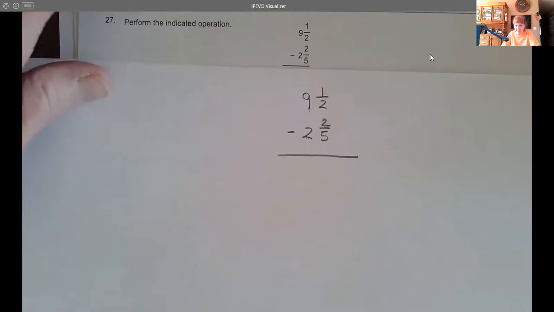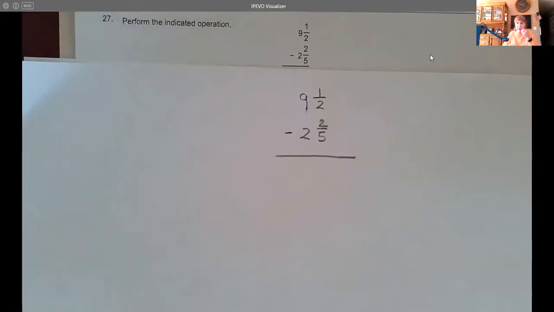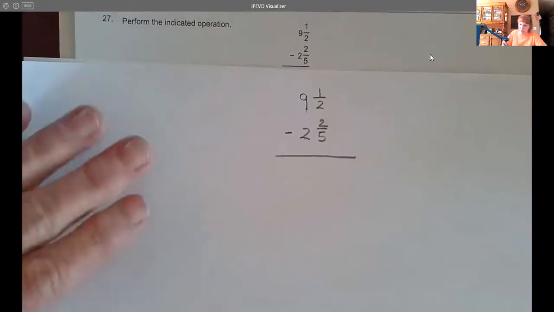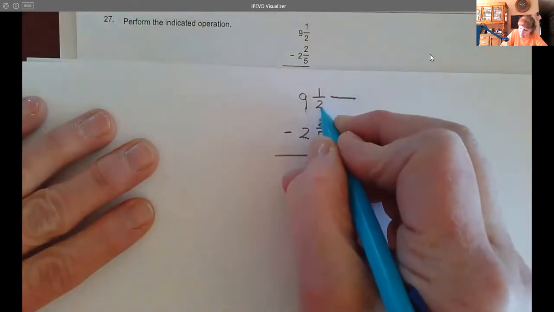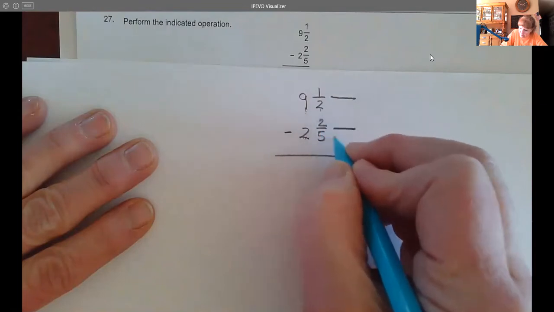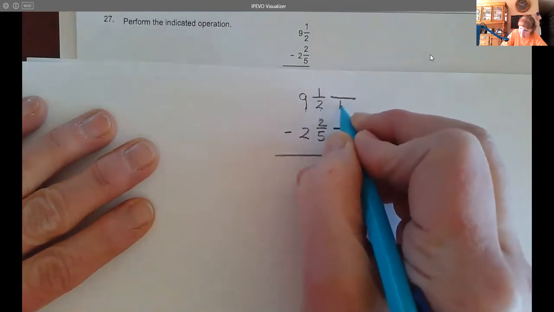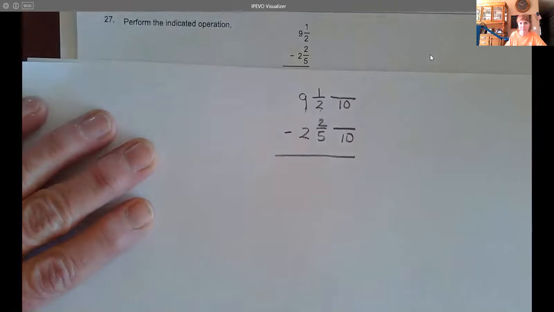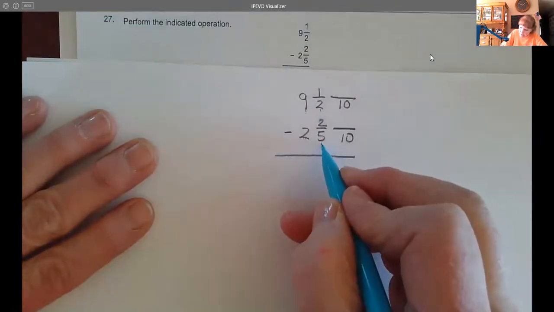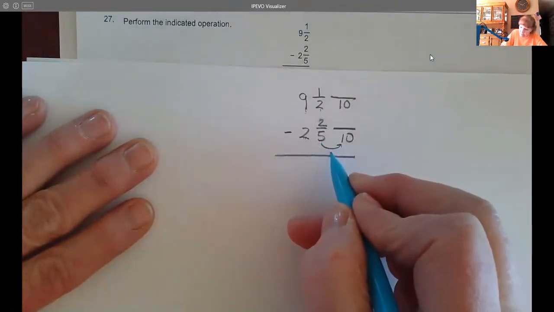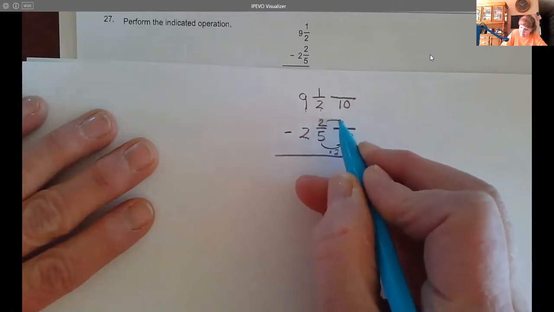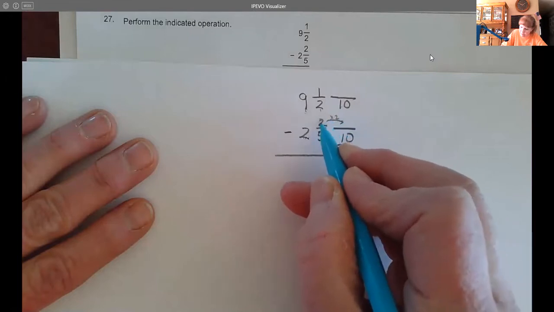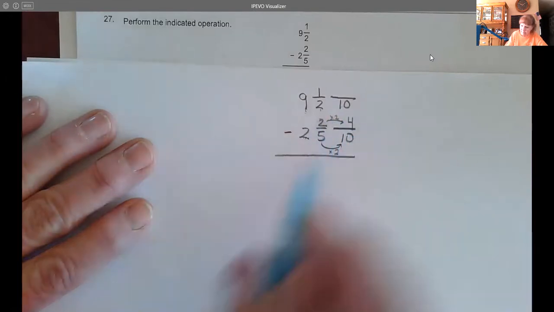All right. We have to have a common denominator. So we're going to get a common denominator, and it looks like 2 and 5 will both go into 10. So to go from here to here, you'll multiply by a 2. 2 times 2 is 4.